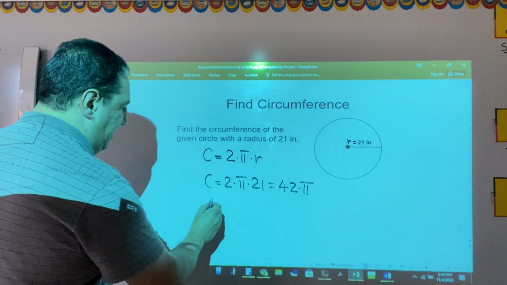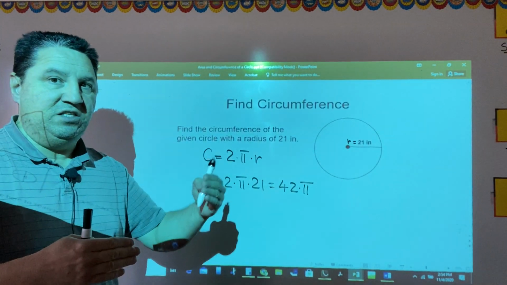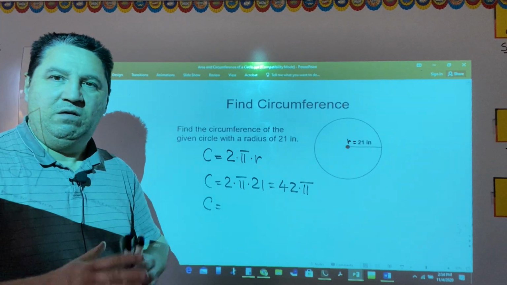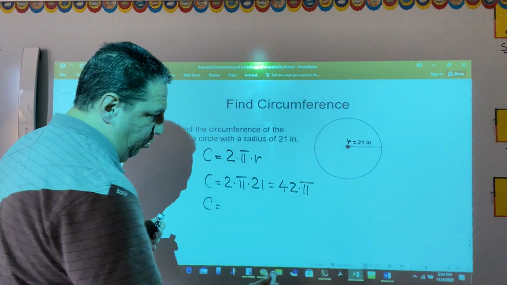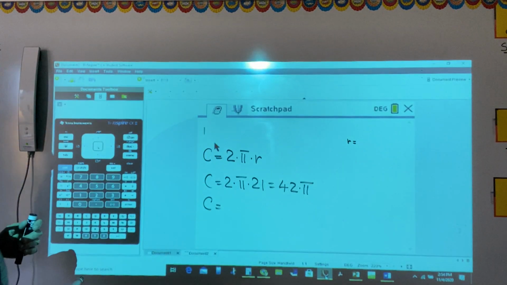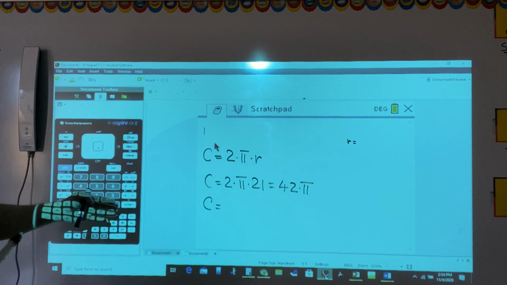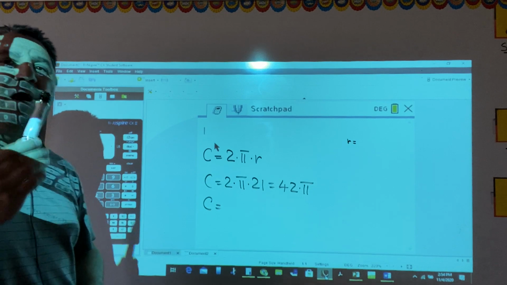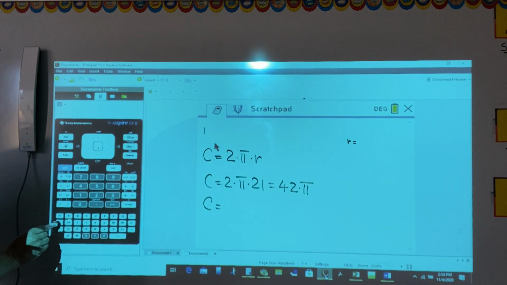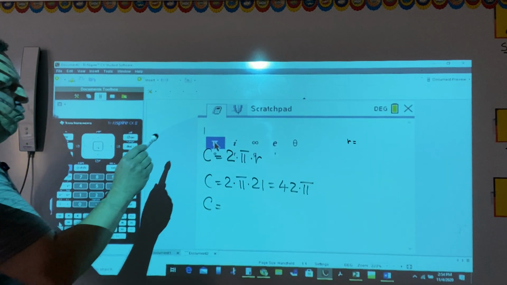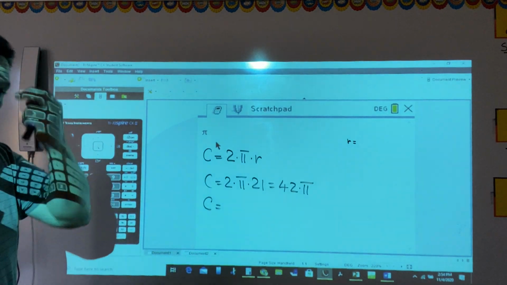Let's estimate the circumference. Remember, pi is approximately 3.14, but we can use a calculator. The TI-Nspire has a special button for pi. We press this button, and then we click on the symbol pi, and you'll get pi automatically.